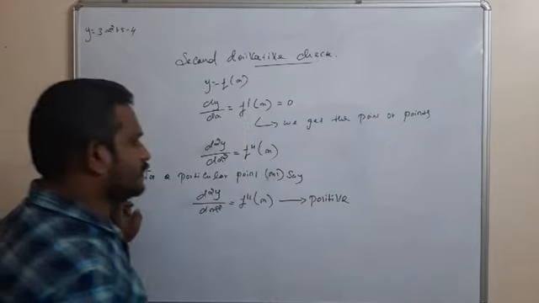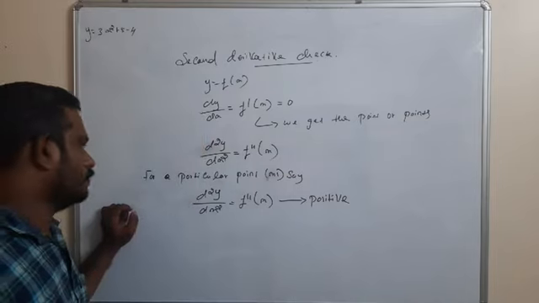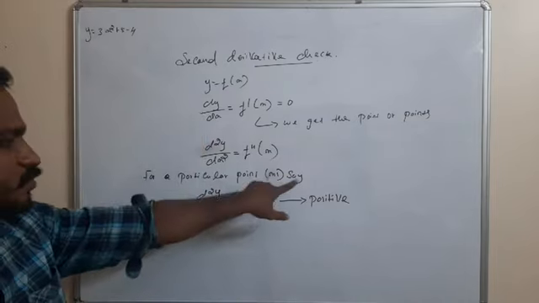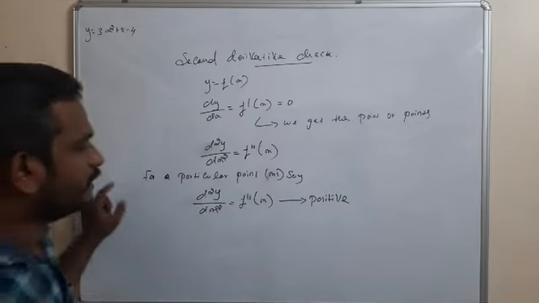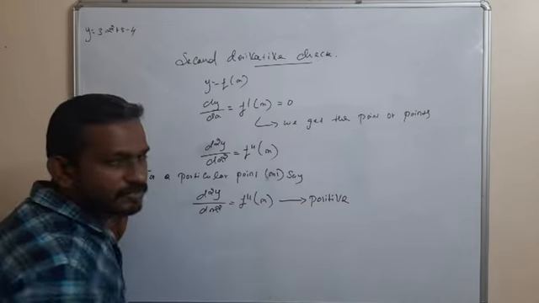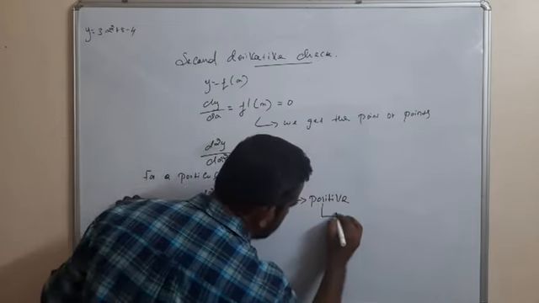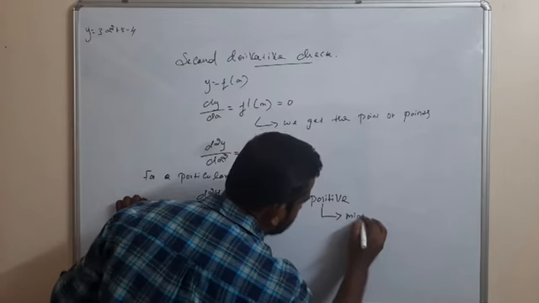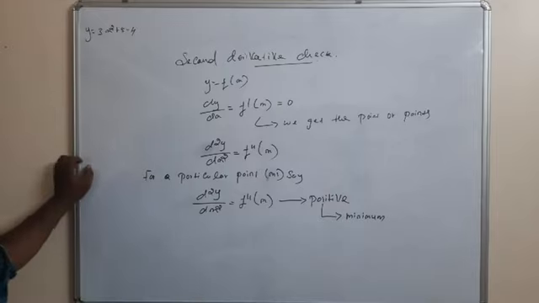Positive. For a particular point x1, say d square y by dx square is equal to f double dash of x. Positive means the function is minimum.